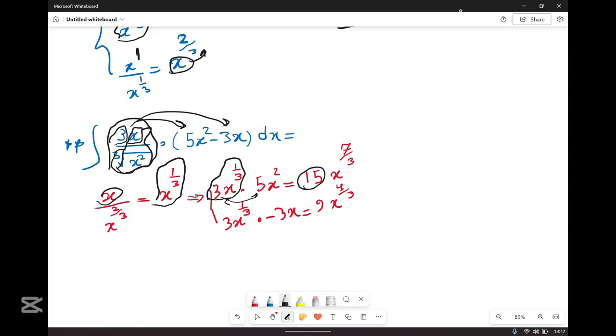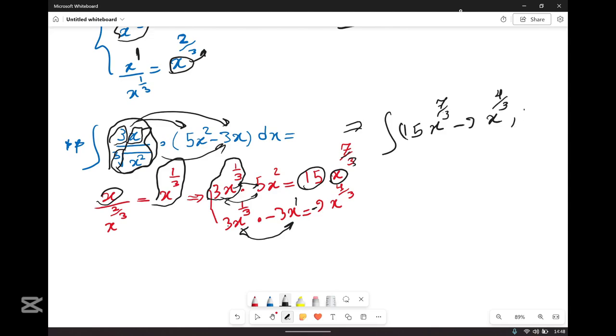The answer is 3 times 5, which is 15, and if I calculate this variable it is x power 7 over 3. Then the second one: 3 and minus 3 is minus 9, and for this part, 1 over 3 and 1 is 4 over 3, so we are calculating the integral of 15 x power 7 over 3 minus 9 x power 4 over 3 dx.